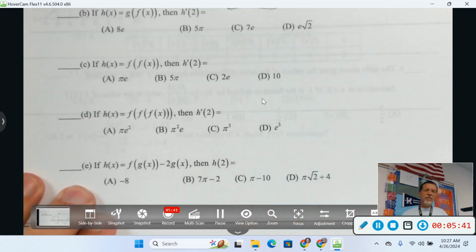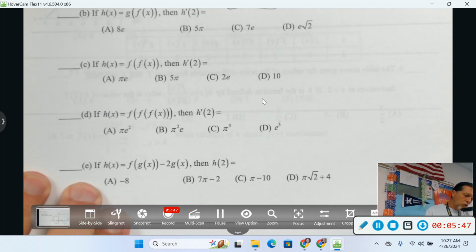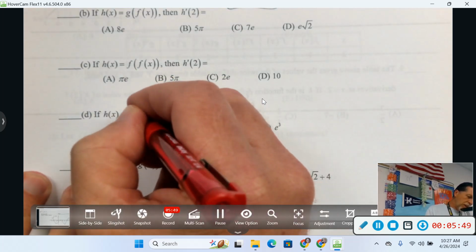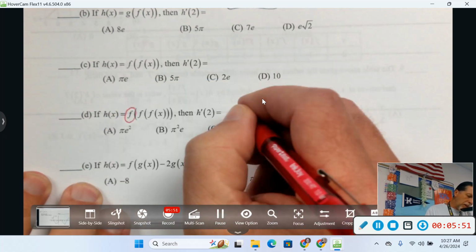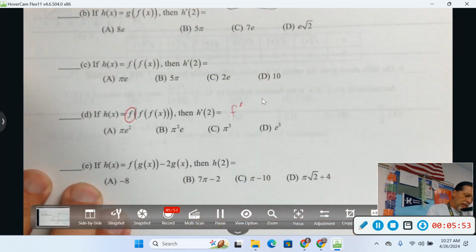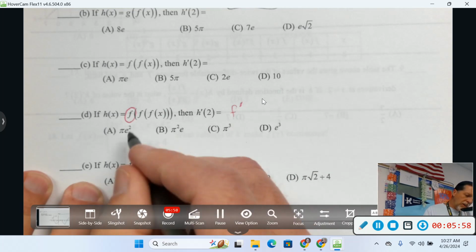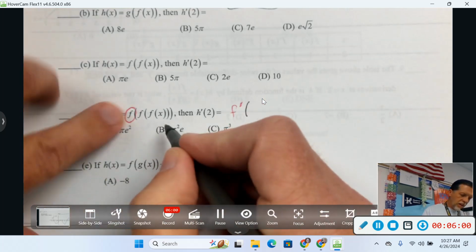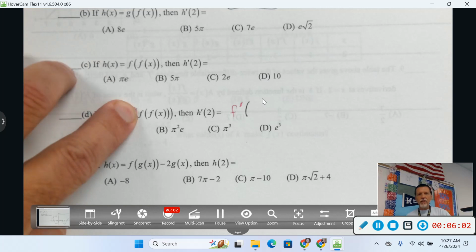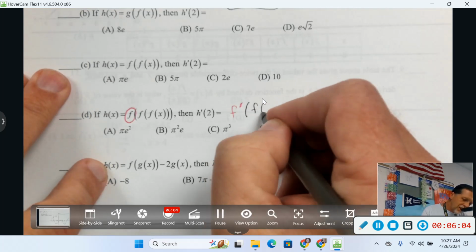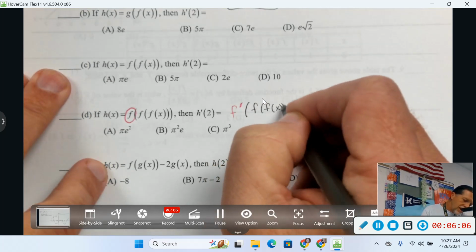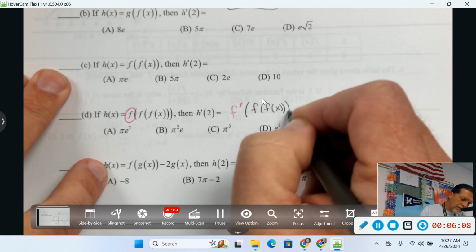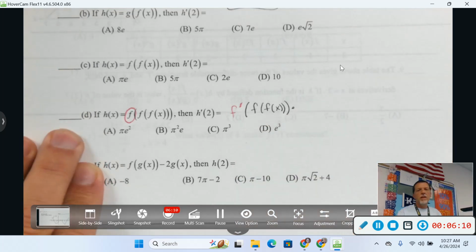f of f of f of x. Chain rule, chain rule, chain rule. So I'm going to be super careful here. Start with the outermost f. I've got to keep up with all of these. So that is f prime, but then leave all the inside stuff alone. The inside stuff is f of f of x.